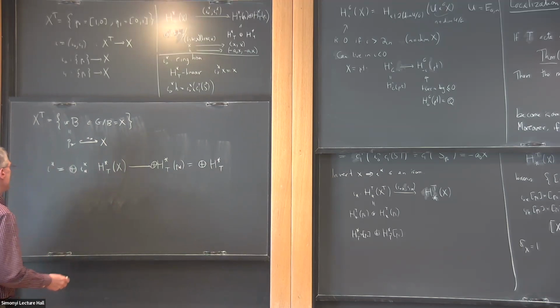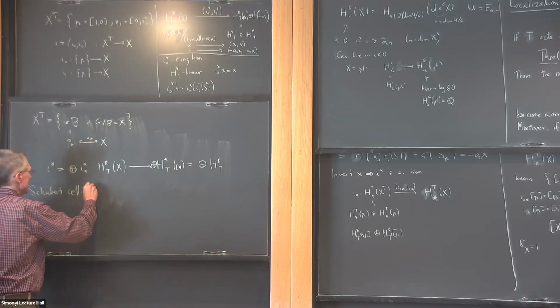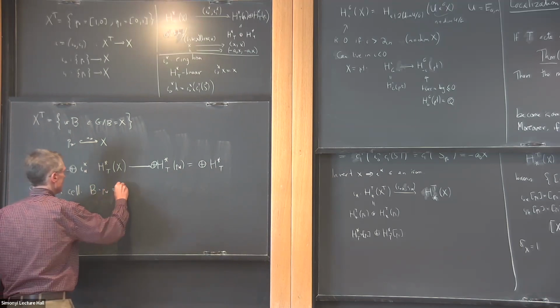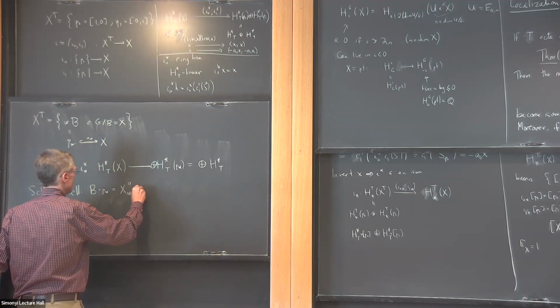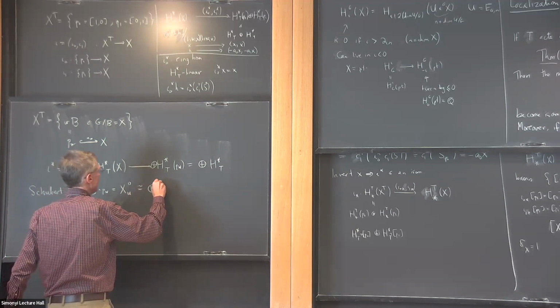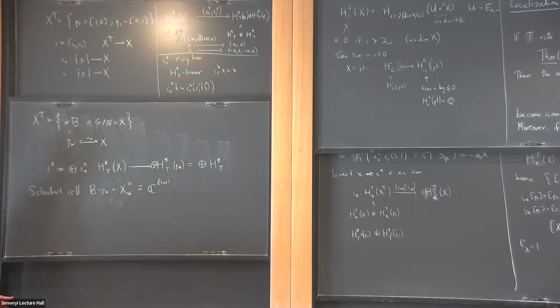And now the Schubert cell is just the B orbit of the point P_w, often denoted X_w naught. It's isomorphic to an affine space, and the dimension is the length of w. Probably everybody here knows what the length of w is, but if you don't, you can take this as a definition of the length of w.